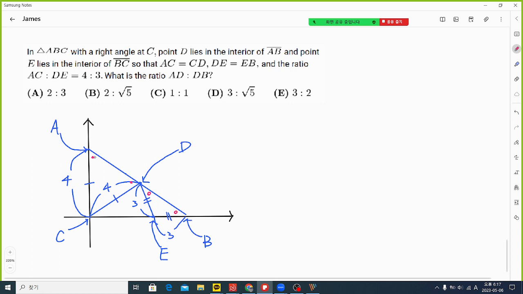And in this case, the two angles are complementary because ACB is a right triangle. So because they are complementary, that means this angle is also a right angle. That means the triangle DCE is a right triangle, so using Pythagorean theorem, the length of CE is 5.